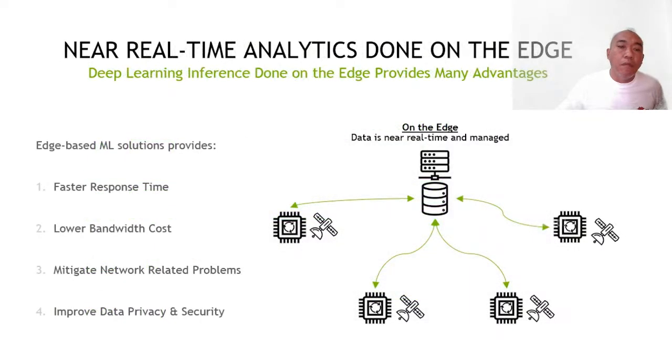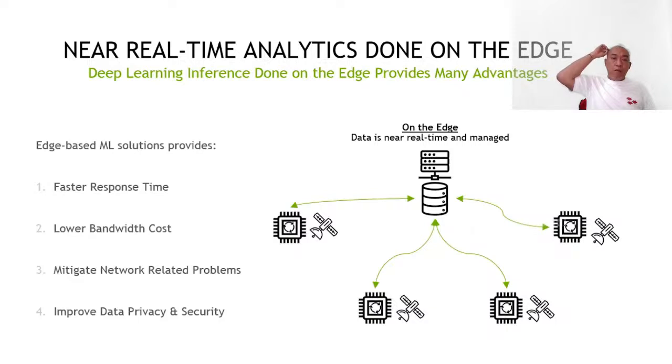Speaking of reducing time to deliver insights, deep learning inference can now be done on edge devices to enable real-time analytics. With the arrival of powerful, low-energy consumption IoT devices, computations can now be executed on the edge. When inference is performed on the edge near sensors, we can benefit in several ways.